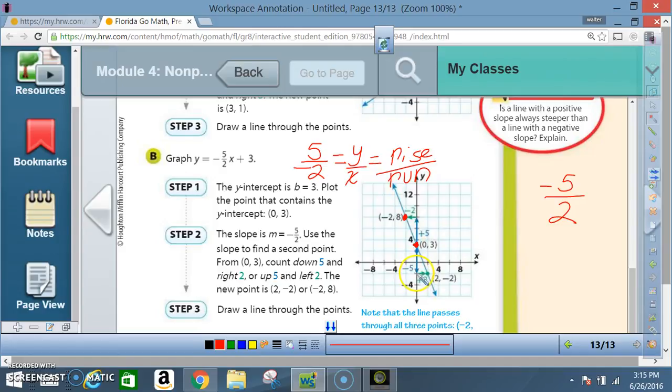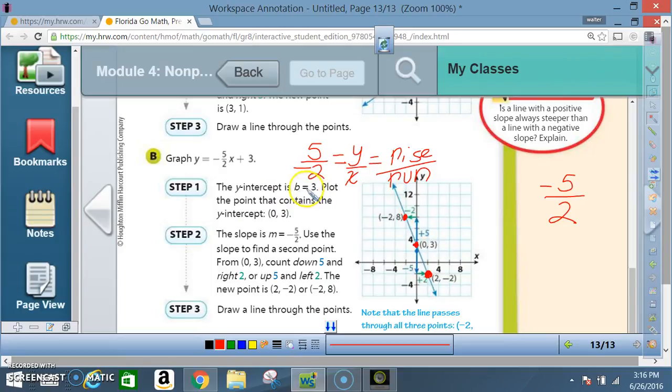That's where I'm at. And now I have to go in a positive 2 direction. So that means I go 1 that way, 2. For those that are confused, 0, midway is 1, and then 2. And then that's how I get my next point. All right? And that's how we count our slope.